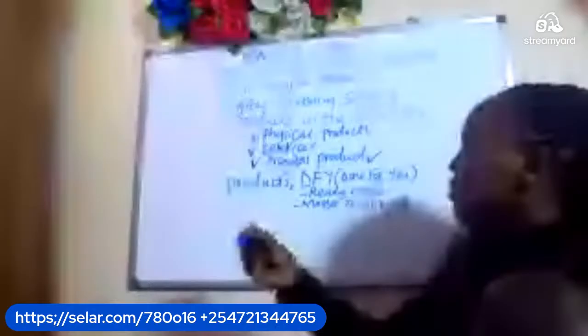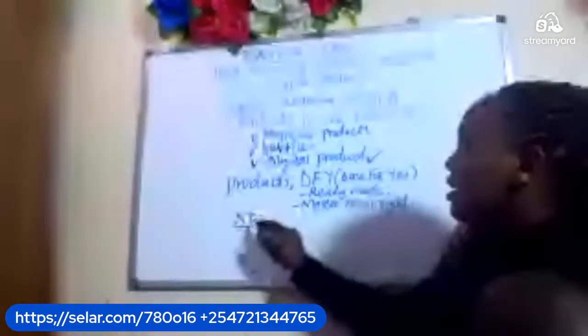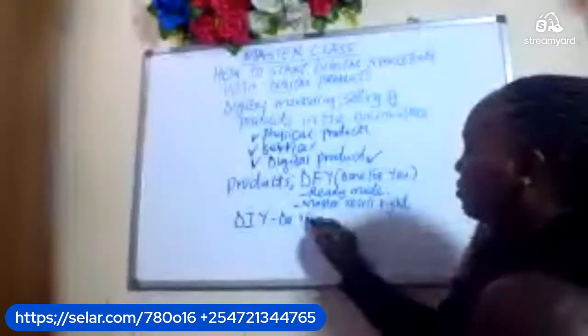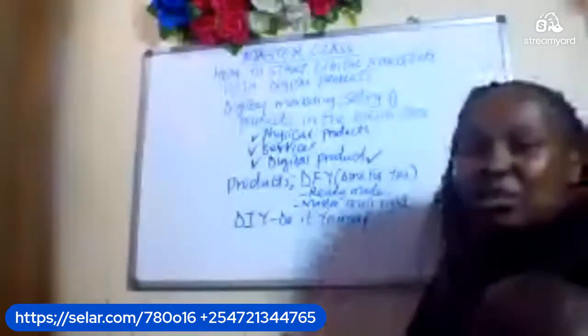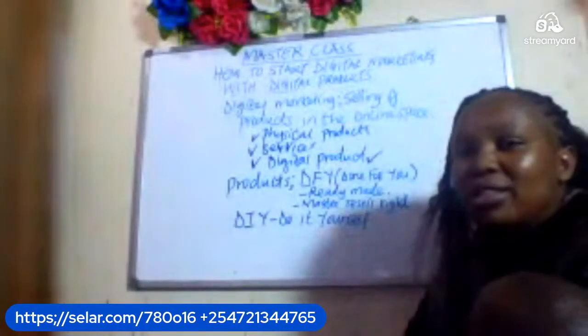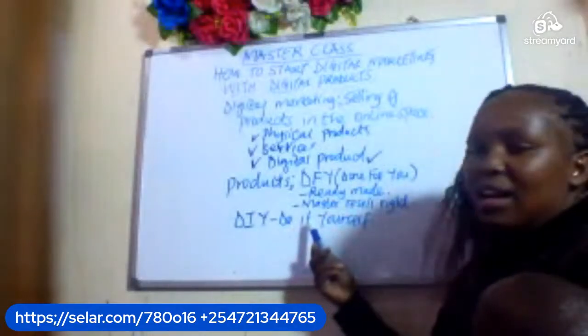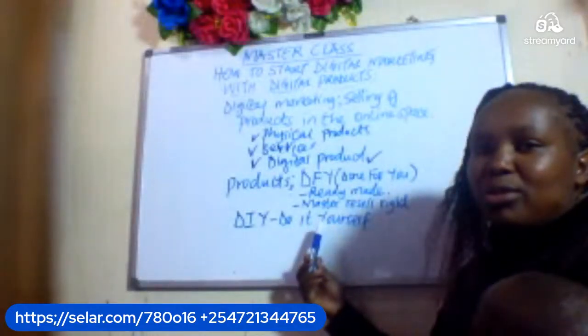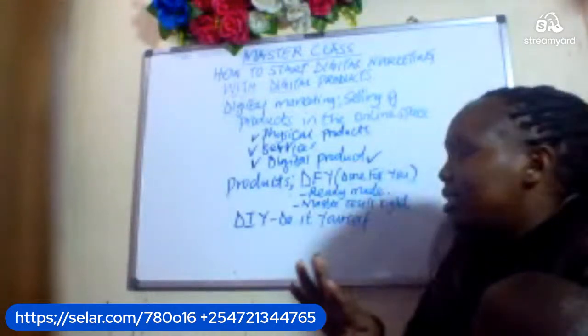Then there is this other product that you can start with. Do it yourself. We call it a DIY. DIY means do it yourself. Betty has just told me that she doesn't know how to create one. So Betty, this one becomes difficult for you because you cannot do it yourself. If you are able to do it yourself, there is no problem.